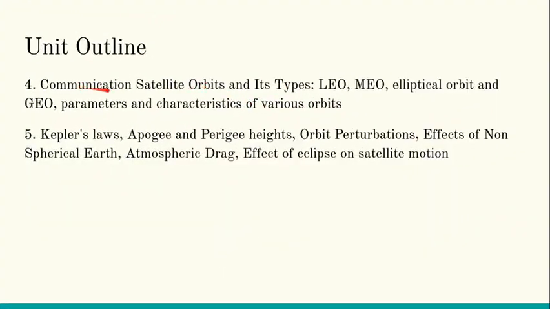Then we are supposed to learn about different orbits like lower Earth, medium Earth, high Earth, then elliptical orbits, geosynchronous orbits and their parameters and characteristics. And then we'll learn Kepler's laws, definitions like apogee, perigee, heights, orbit perturbations, effect of non-spherical Earth, and atmospheric drag, effect of eclipse on satellite motions, and how we can maintain the satellite in the orbit.